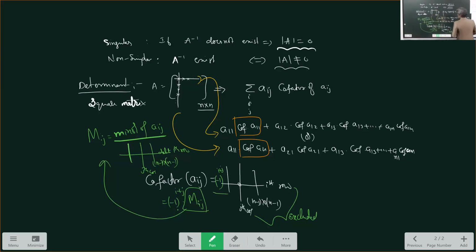So this is the concept of the determinant. If the determinant is 0, we call the matrix singular; otherwise we call it non-singular. Is it clear? If the determinant is 0, the matrix is not invertible; the inverse doesn't exist.